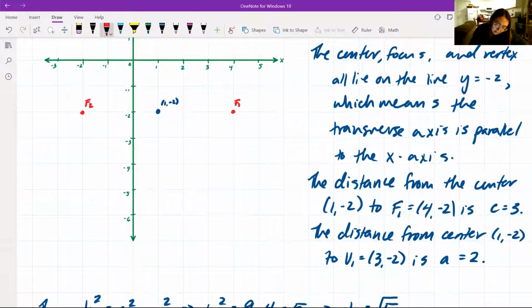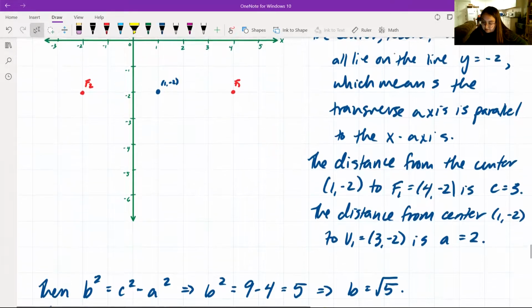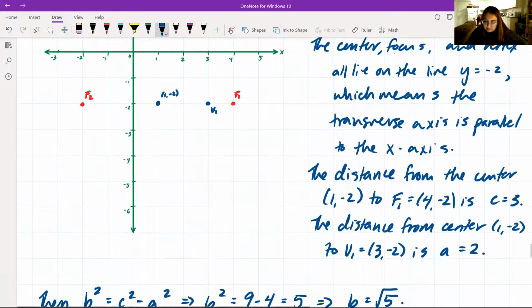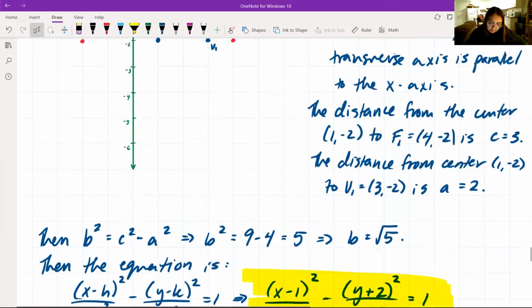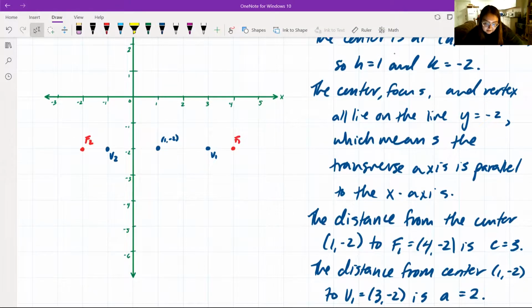This is focus 2. Our vertex 1 is going to be at 3, -2. So this is vertex 1. And we also have that vertex 2 is going to be at -1, -2. So we have these values marked.